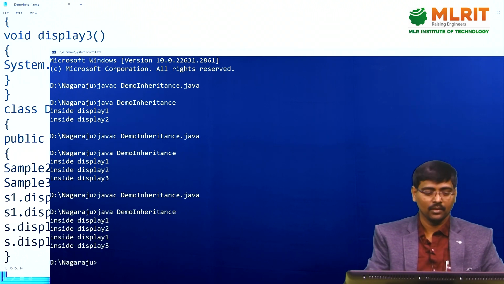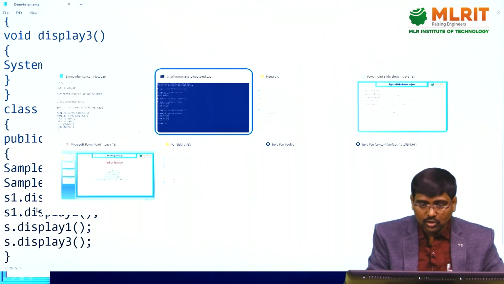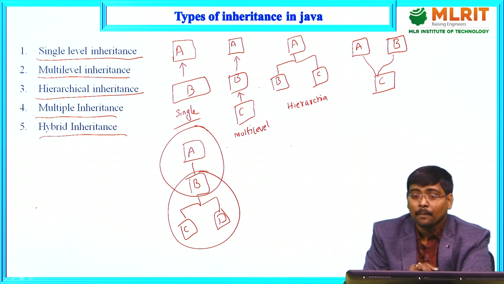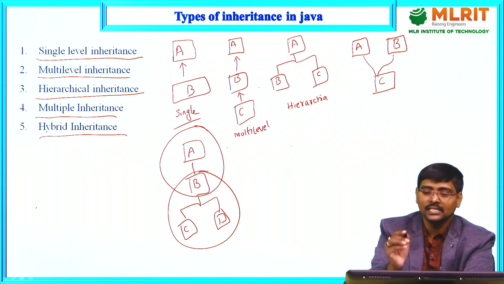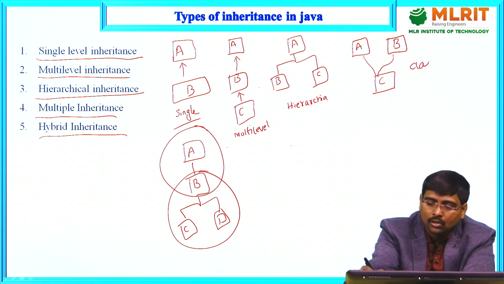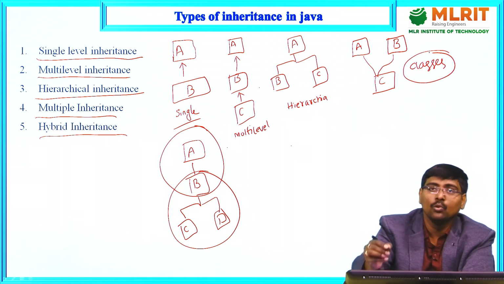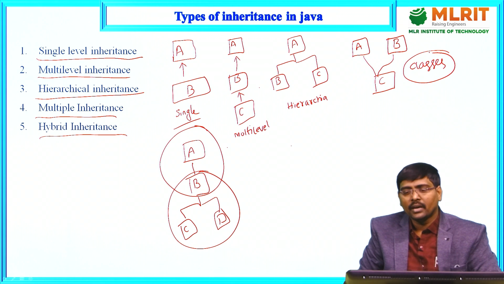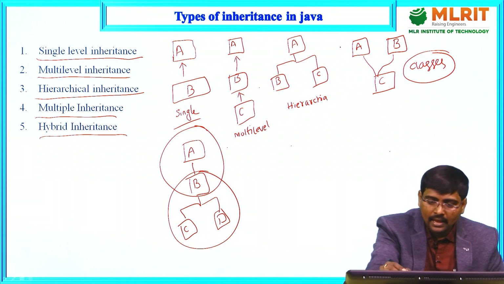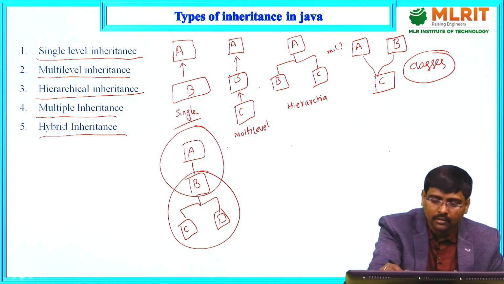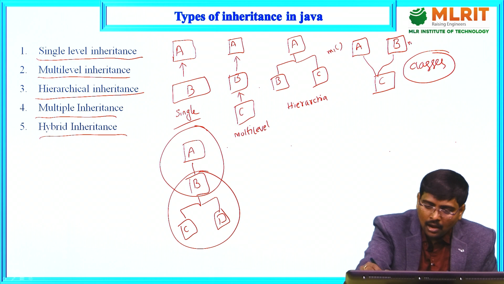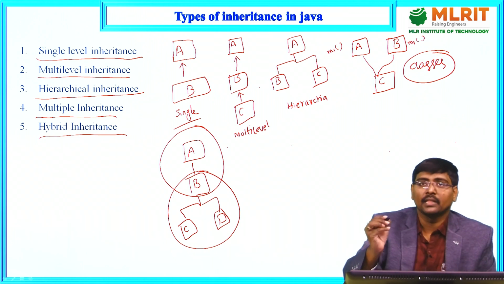Okay. Now the next one is multiple inheritance. Multiple inheritance is directly not possible in Java through classes. Why? Assume A has one method M1, and B also has a method M1.